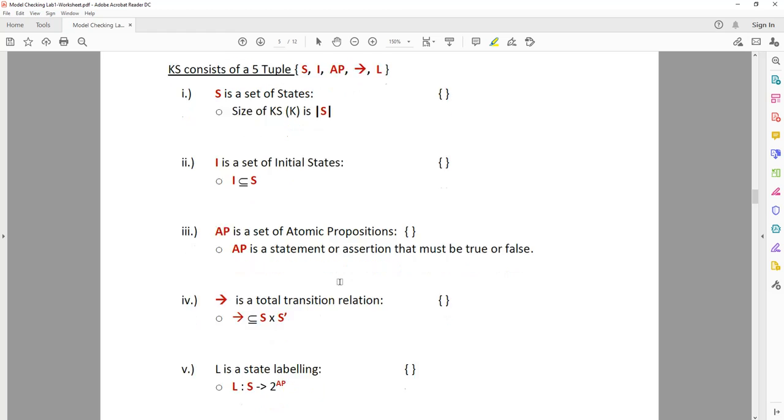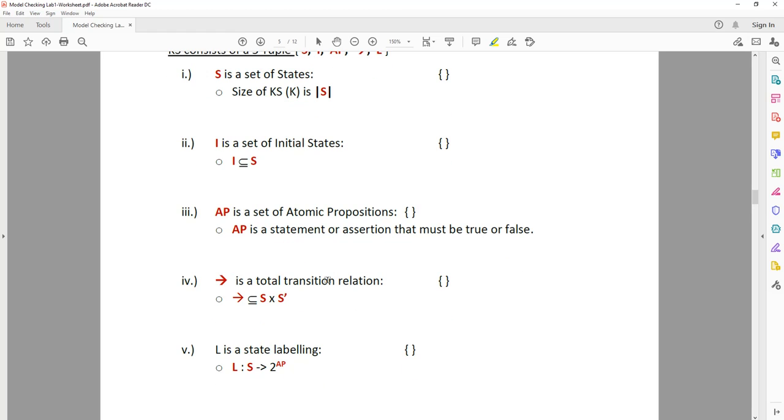And finally, L is a state labeling. L maps S to 2 to the power of AP. This is known as the power set. Because our atomic propositions must be true or false, essentially booleans, the number of labels we can apply to a state is 2, because it is binary, to the power of the number of atomic propositions we have.